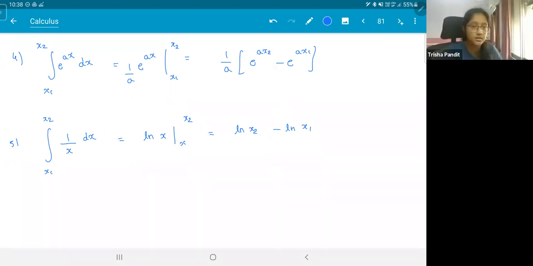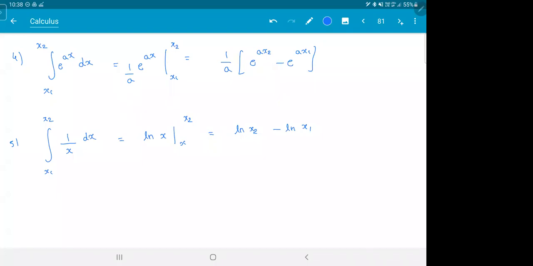So the fifth one is for n is equal to -1, right? This is that n is equal to -1 case.